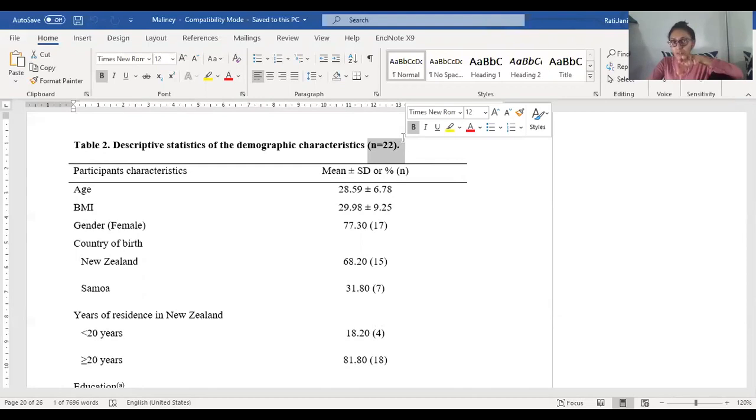All of these minute pieces of information which she has, such as reporting the n value in a title, is one of the best practices in scientific writing. I haven't told them all of these things because it's impossible for me in a lecture setting to go through all of these minute details.